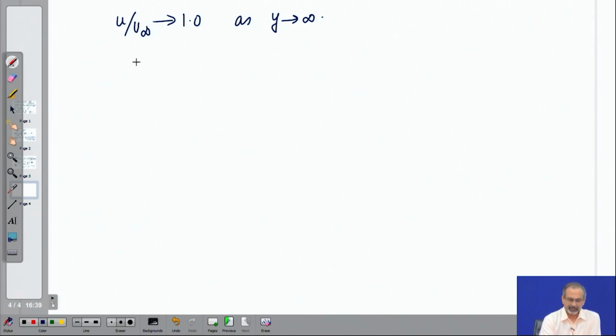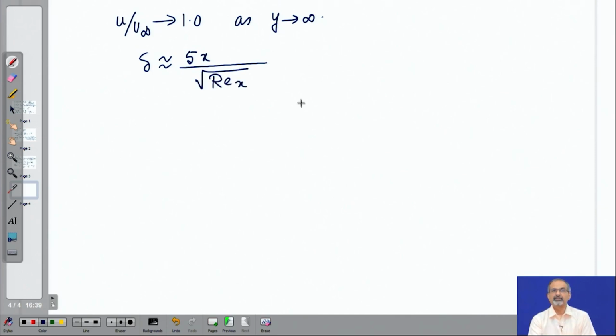If you go by that value from the Blasius solution, you can show that the distance at which it occurs is given by this expression, 5x by root over Rex. So, this number 5 again comes from the Blasius solution. So, delta is approximately 5x by root over Rex.